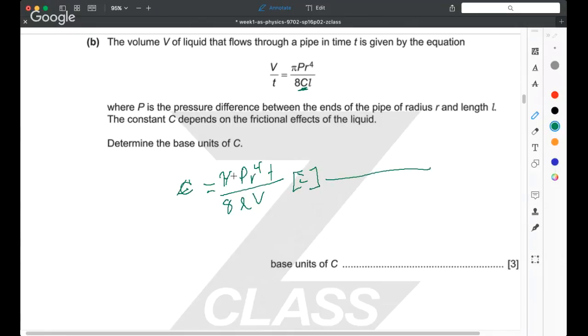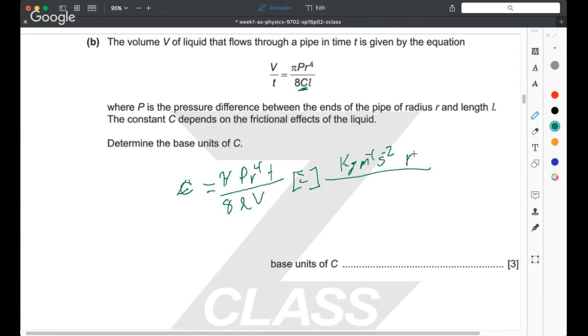So R remains the same, so it doesn't have units. The pressure is, so we can say the same: kilograms, meters, seconds minus 2.